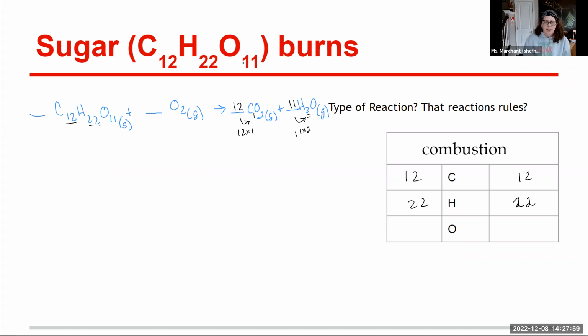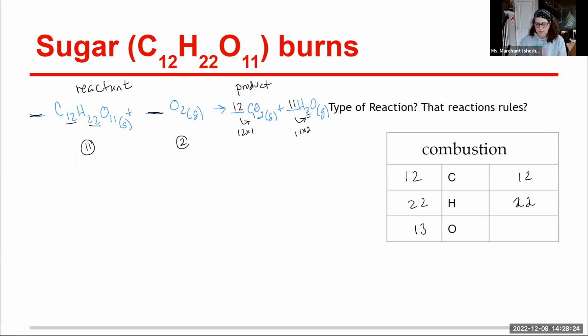Oxygens is tricky. It's not only in 2 places on the product side, it is in 2 places on the reactant side. Okay. So let's count them out. In sugar, we have 11. And in oxygen gas, we have 2 for 13. That one's a real iffy number because we know we're going to be changing at least one, if not both, of those coefficients.